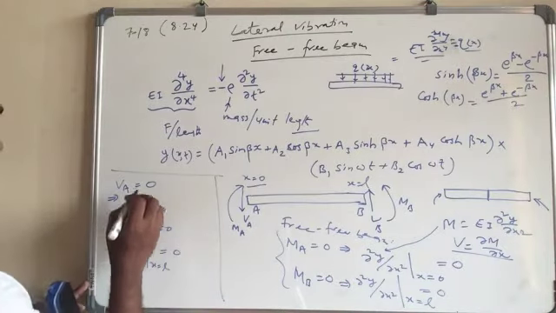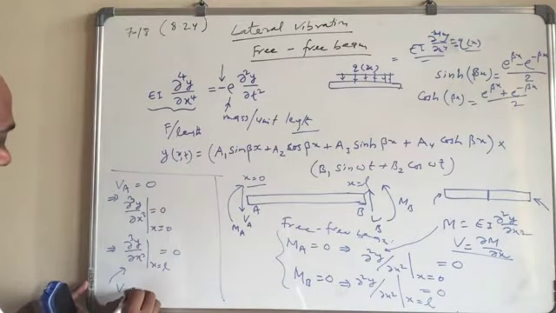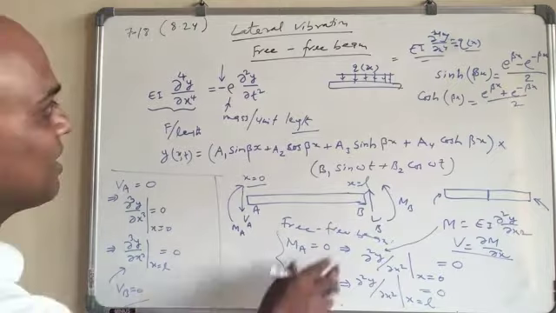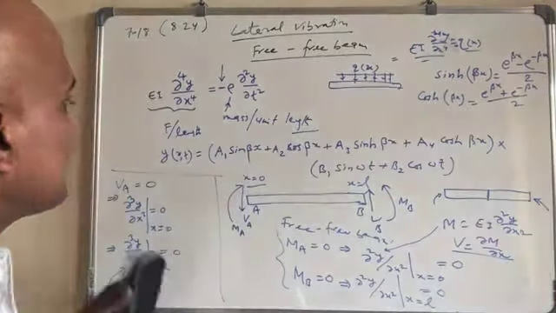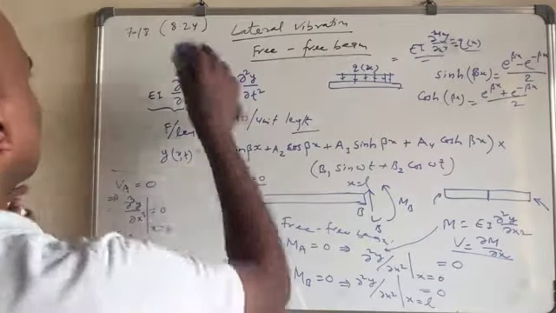So this is VA equal to 0, that will make VB equal to 0, and from there you can find the value of beta. Let's apply these boundary conditions and see what we get.